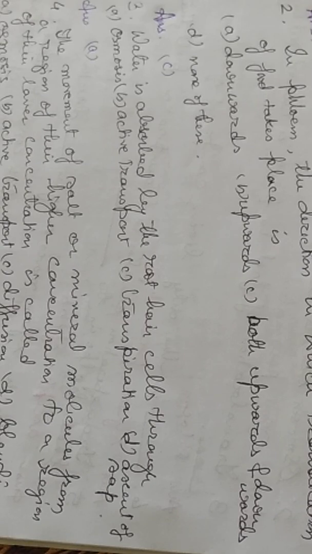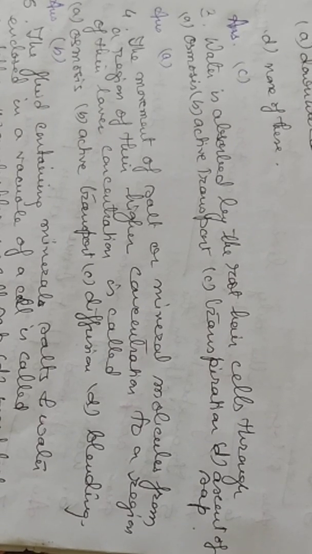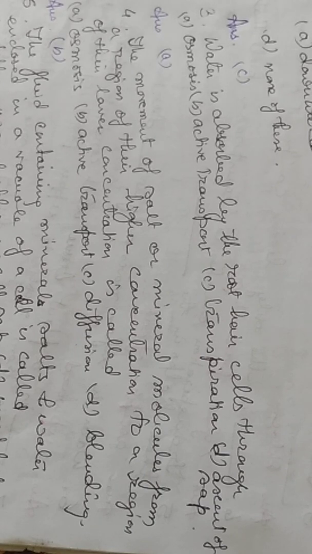The movement of salt or mineral molecules from a region of their higher concentration to a region of their lower concentration is called osmosis, active transport, diffusion, or blending. It is diffusion. It is C.